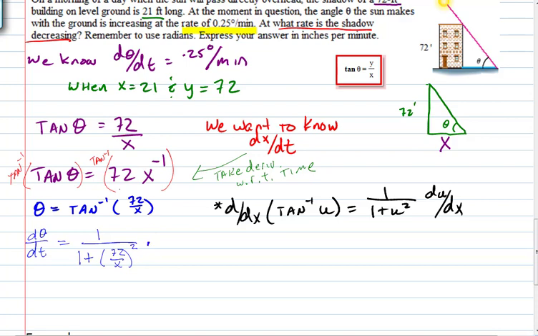The derivative of this angle is going to be negative 72 x to the negative 2, which is over x squared. I'll write it like this, x to the negative 2, dx dt.